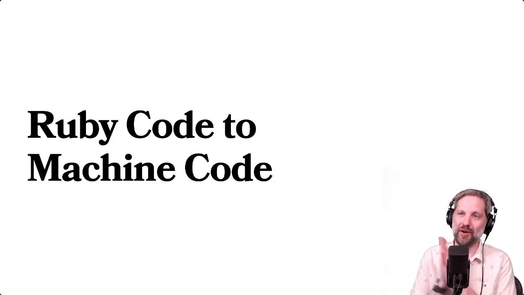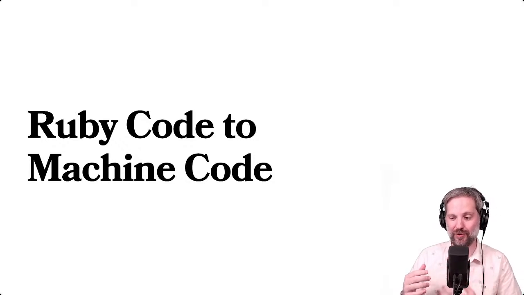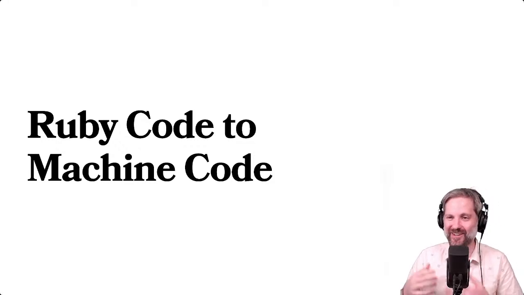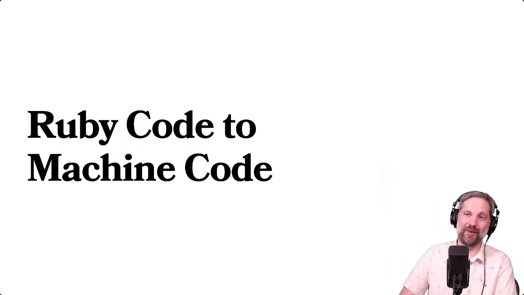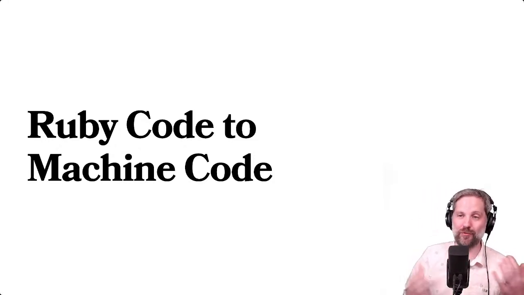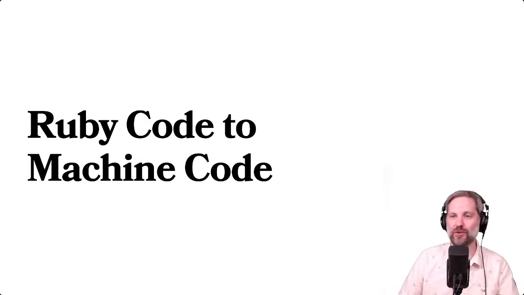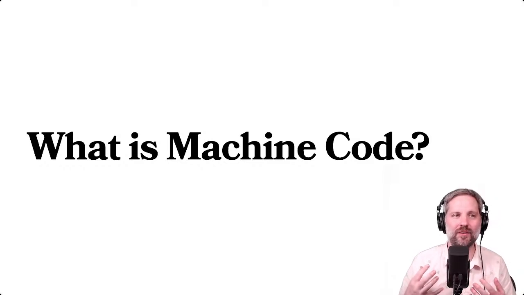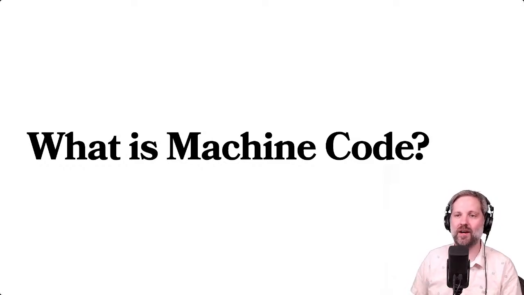What's really cool about this is instead of converting all of your Ruby code into Rust code so that you can get machine code, you can just write Ruby, and the JIT compiler will go ahead and convert your Ruby code into machine code for you. So that kind of begs the question: what is machine code?